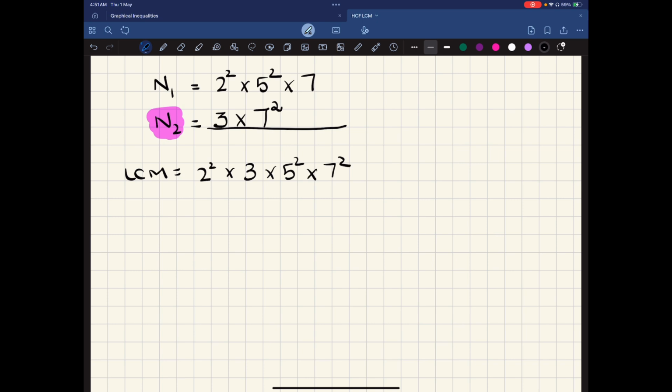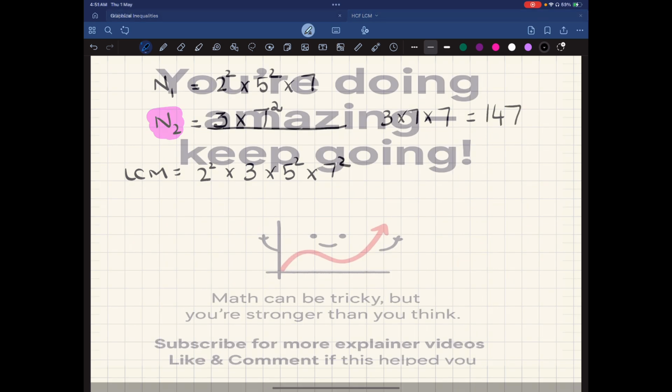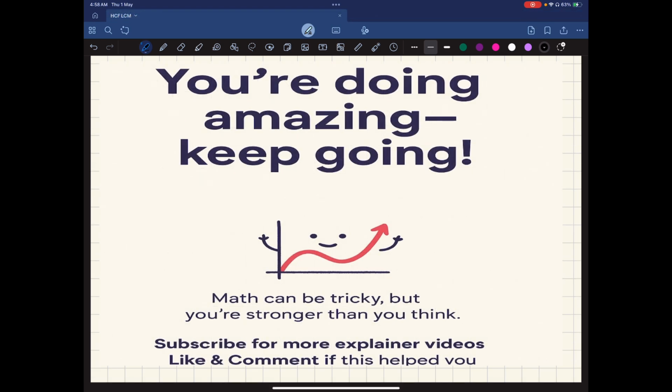Okay, so what does our number become? n becomes 3 into 7 into 7, which is 147. And that's it for now.